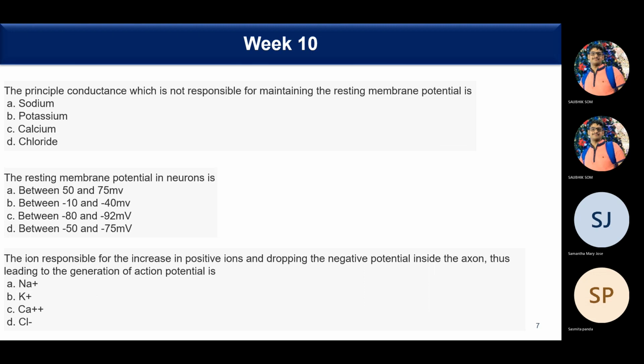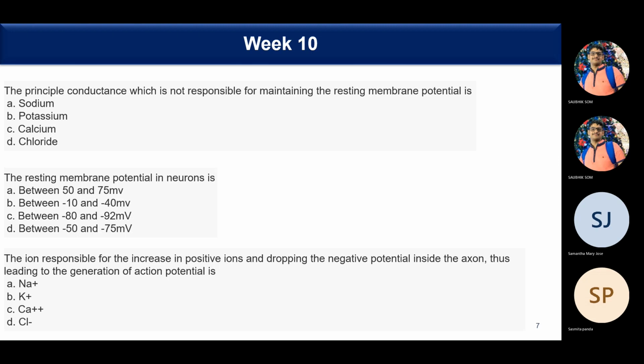The ion conductance which is not responsible for maintaining resting membrane potential: we have sodium, potassium, chloride, but we don't have calcium. Calcium is not used for resting membrane potential, so calcium is the correct answer. Resting membrane potential in a neuron is between -50 to -75 millivolts.